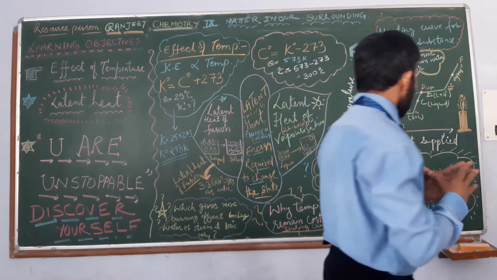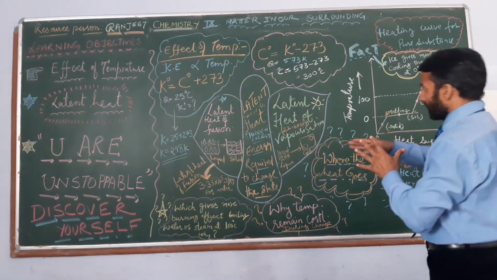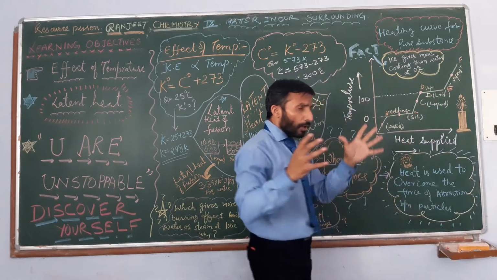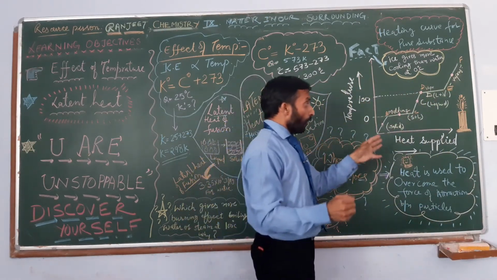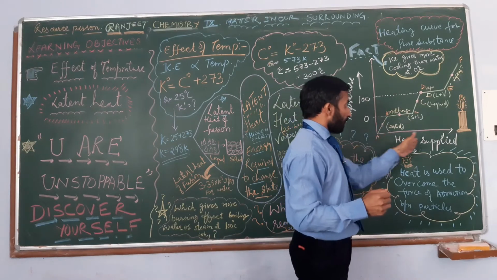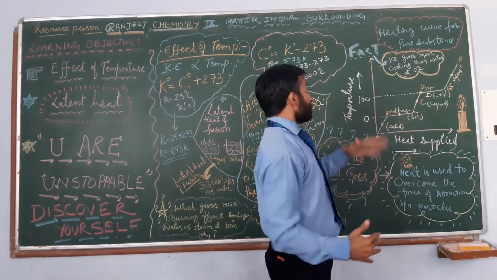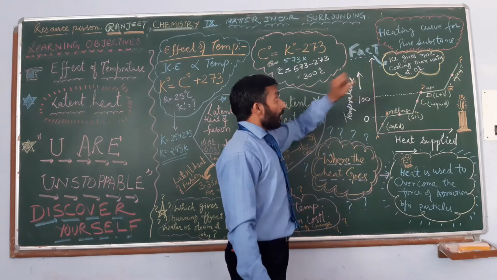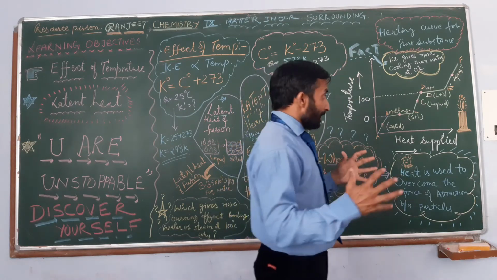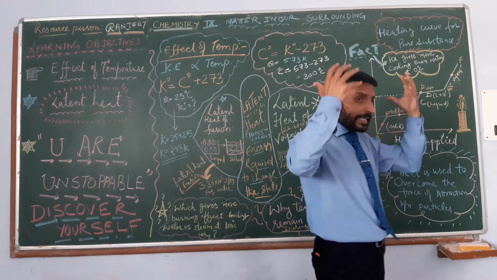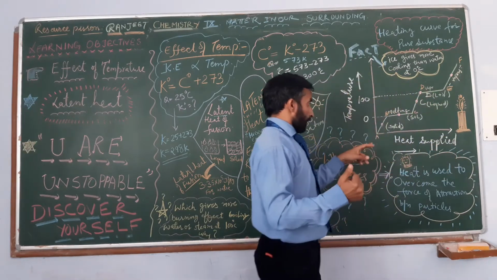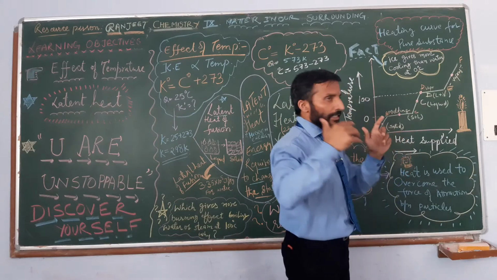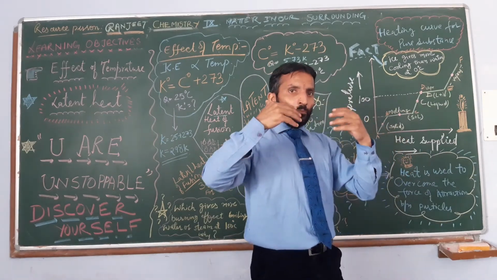Now, if I do one activity here, for any pure substance I will plot a curve with heat supply on the x-axis and increase in temperature on the y-axis. Let us see what the different queries are here. We will solve that. Now see the curve here. For example, it is ice and melting of ice.